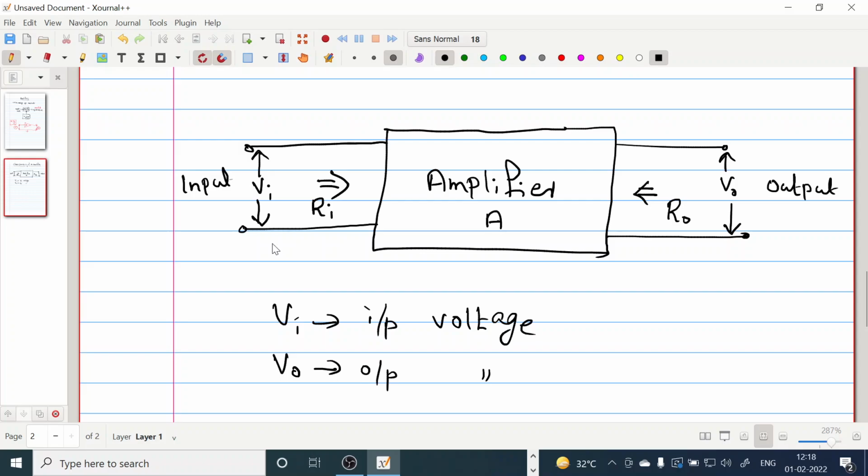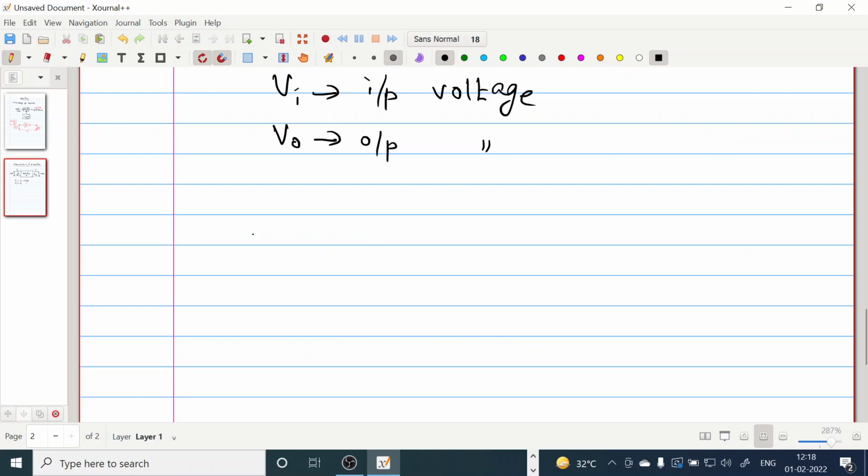II is input current, IO is output current.